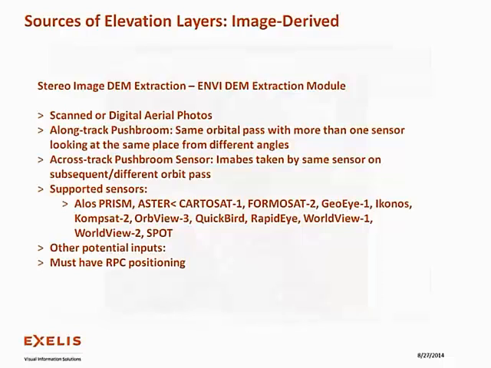The inputs must have RPC positioning information, and that's rational polynomial coefficients, which is used in the algorithm and the relationship calculations. So note that you can always build the RPCs from the imagery if you have the correct information, or if it's a supported sensor for a rigorous orthorectification model, you can almost use that as opposed if you need to get to the RPCs.